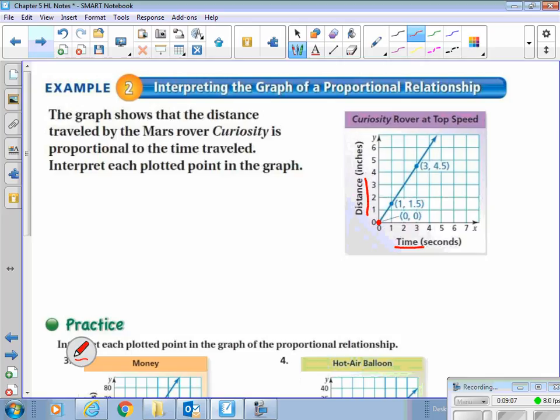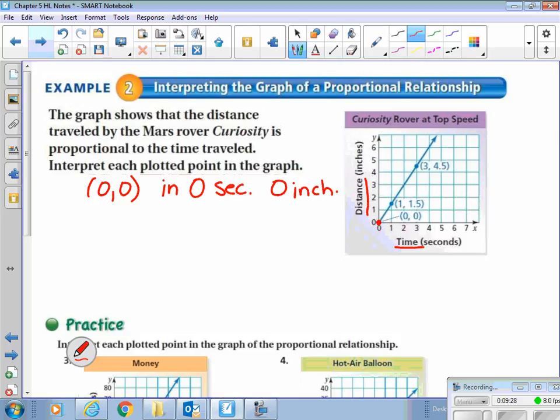So starting off with that first point there, 0, 0, the origin, all that means is that in 0 seconds, notice I'm starting with my x-axis, we've traveled 0 inches.